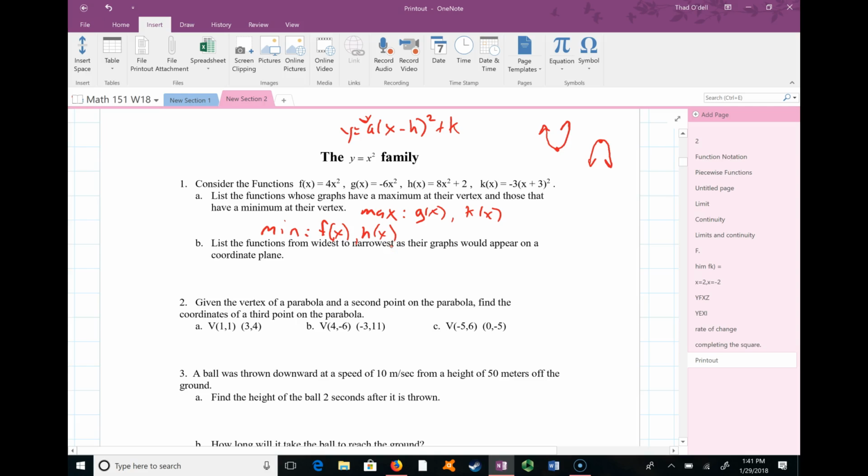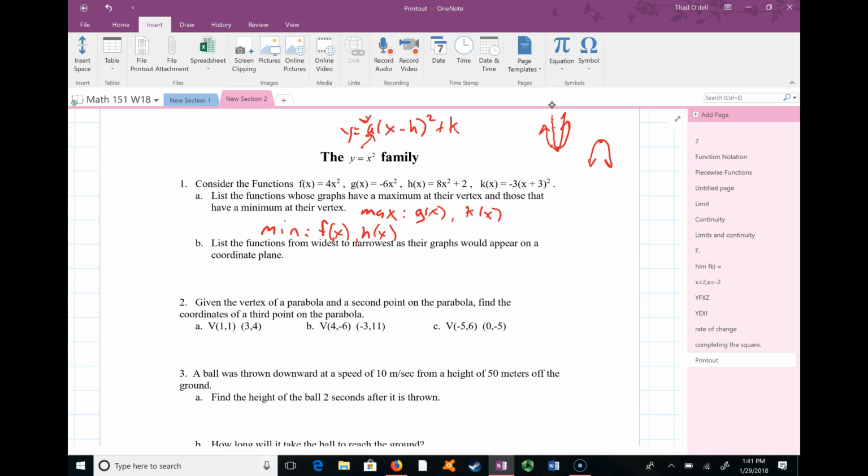Part B says list functions from widest to narrowest, as their graphs would appear on a coordinate plane. Again, what makes them wider or narrow is that stretch factor. If this is greater, that means everything's going to be lifted up taller, which will have the effect of making the parabola more narrow, because this point has been lifted up to there, this point's been lifted up to here, etc. So the bigger the number, the narrower the graph.